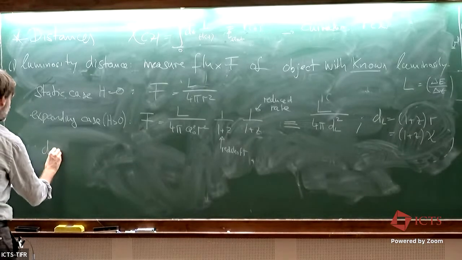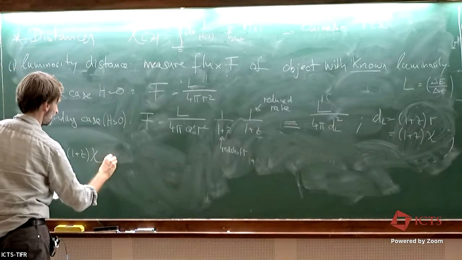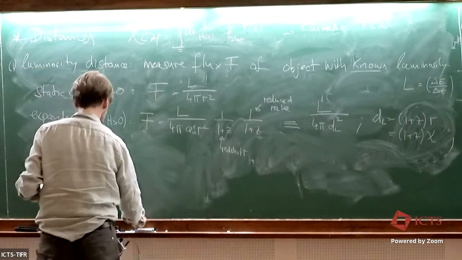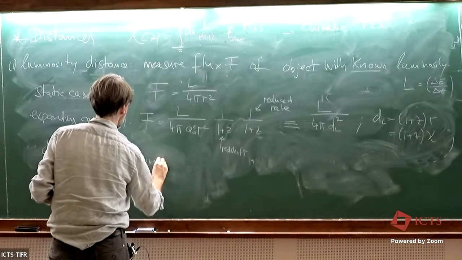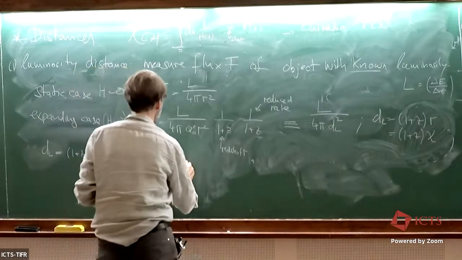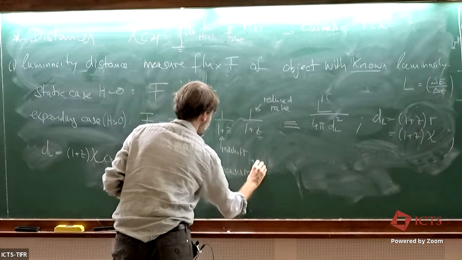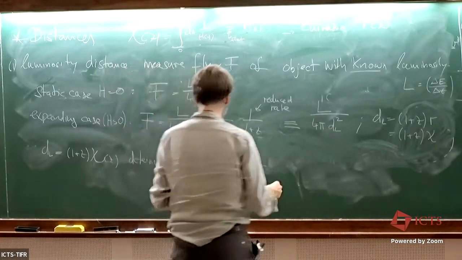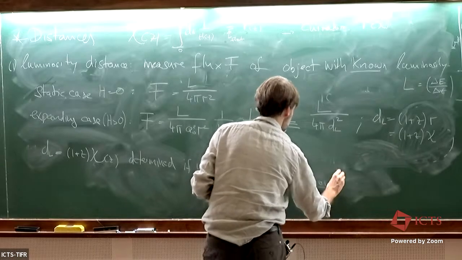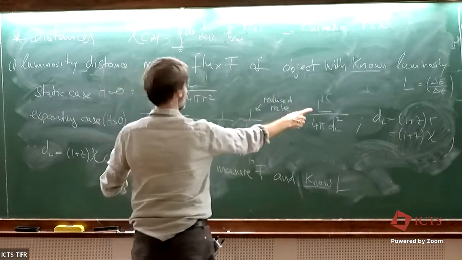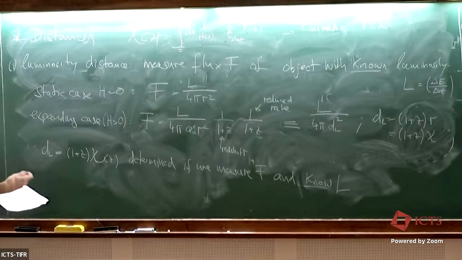So dl, which is 1 plus z times this integral, is determined if we measure f, the flux, and know what the absolute luminosity is. So if we know that, we measure that, we get that, and this is how we get the distance to the object.